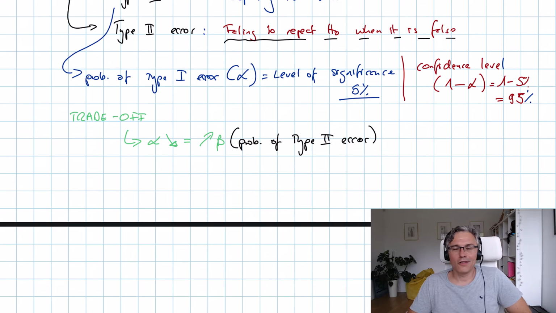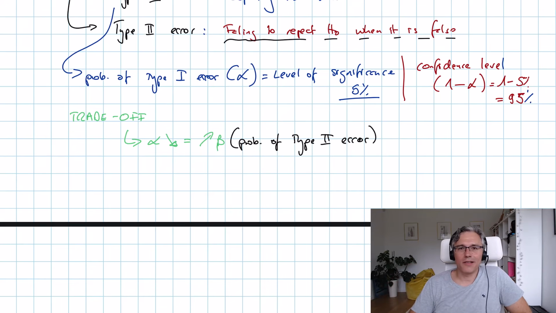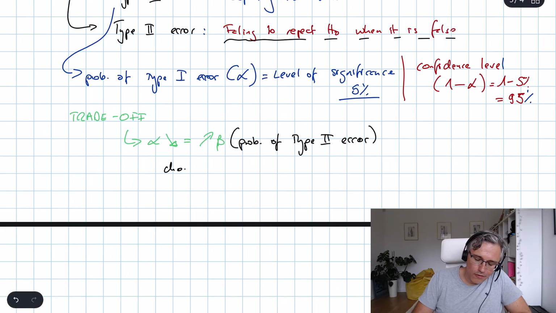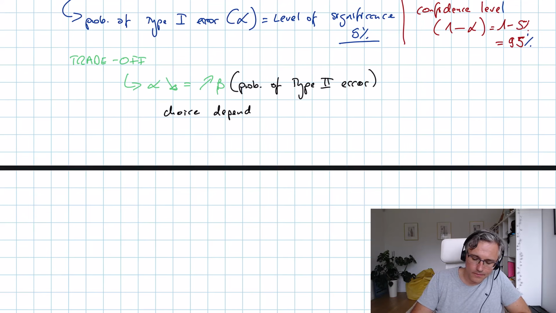However, if you're, I don't know, dosing ingredients for medication, maybe then it's absolutely critical that we spot things, even minute deviations from the norm, and then we have to get alpha down at the expense of interrupting the whole production process quite frequently, potentially. So choice between what you want to optimize here and how you want to go about the trade-off, it really depends on the consequences.